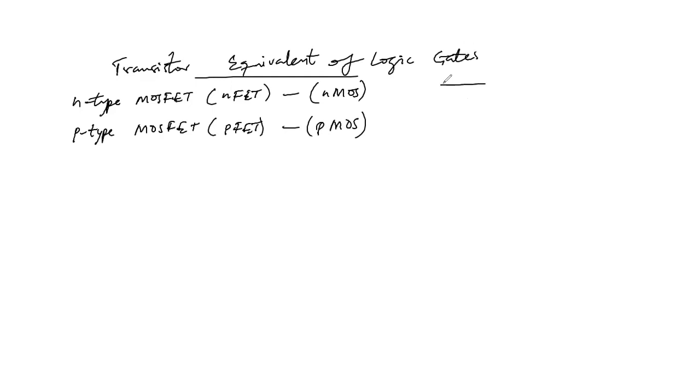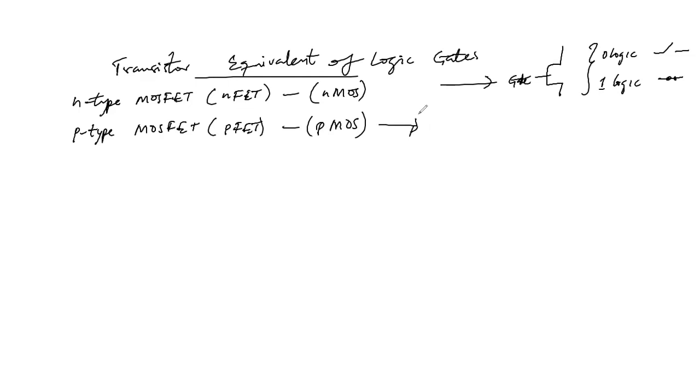And whichever way, the N-type is to be represented in this manner where this is the gate. And here we have two logic levels. For zero logic, we have an open circuit, and for one logic, we have a short circuit.